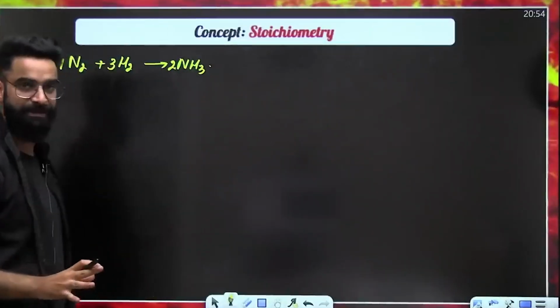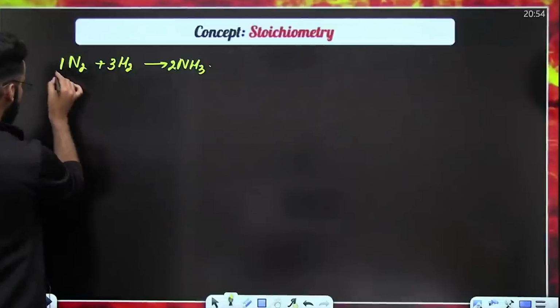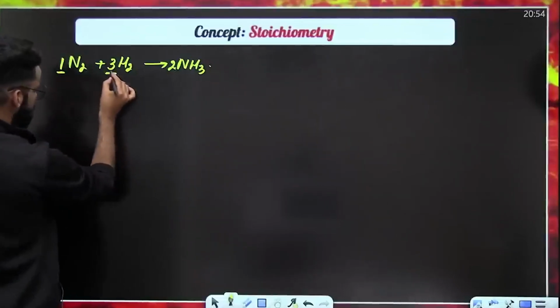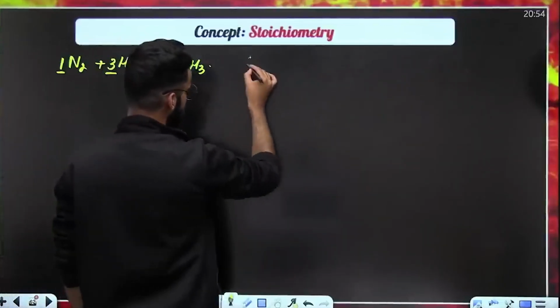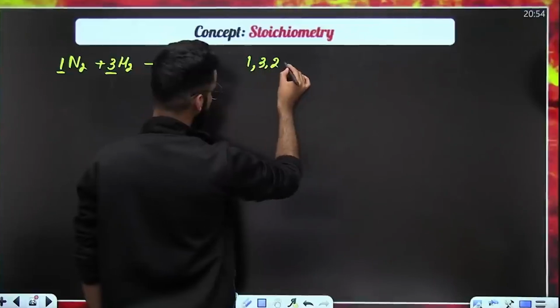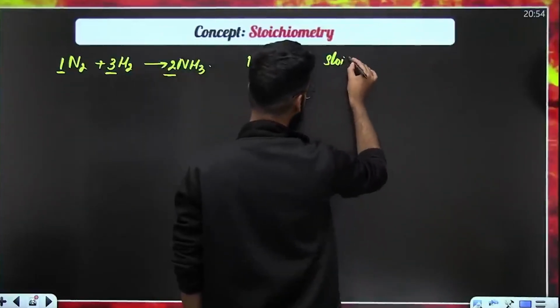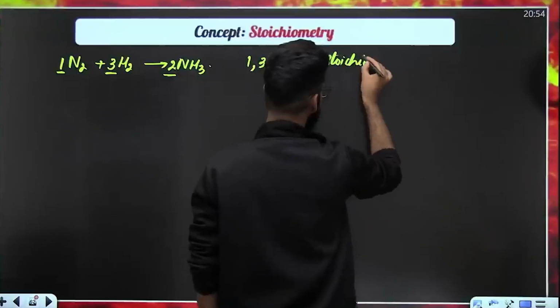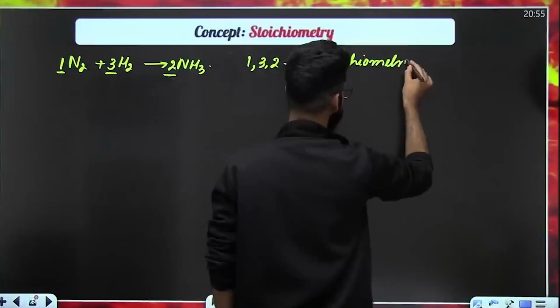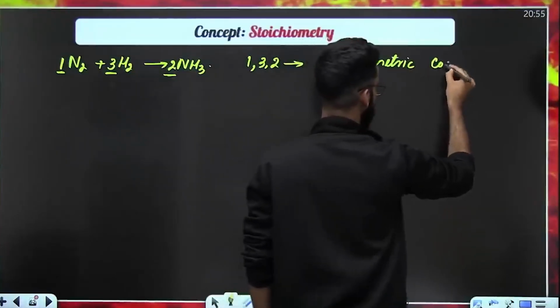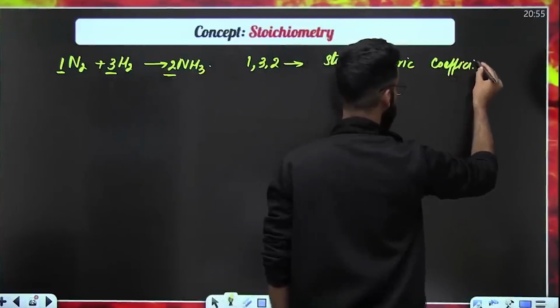So the reaction is balanced. After balancing, what do we call this 1, 3 and 2? You will be calling these 1, 3 and 2 the stoichiometric coefficients.